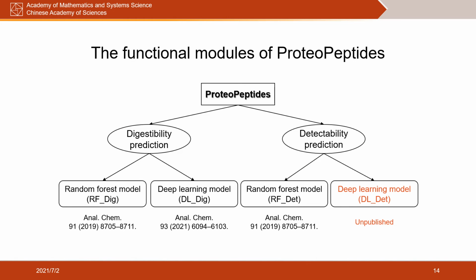The last algorithm in ProteoPeptides is also based on deep learning for 8 proteases, which integrates sequence features and peptide digestibility. Since this work has not been published yet, I have to skip some details here, and welcome everyone to follow our work. Anyway, all of the 4 models are evaluated on the 19 public large-scale datasets mentioned before.